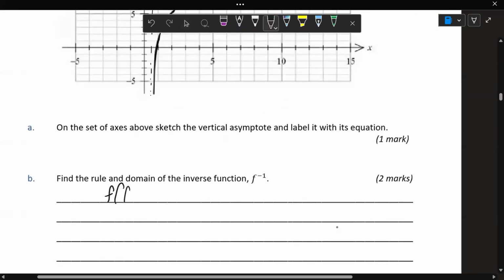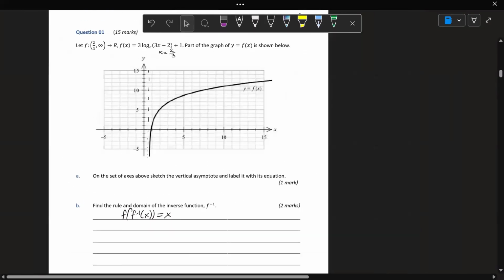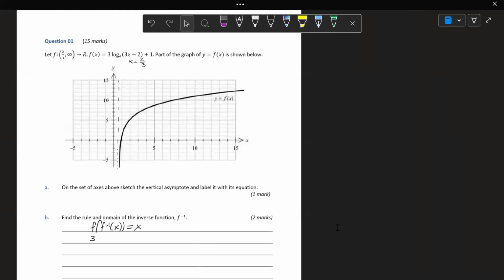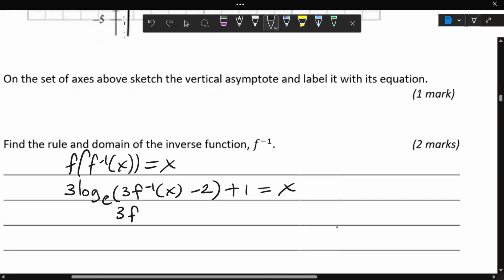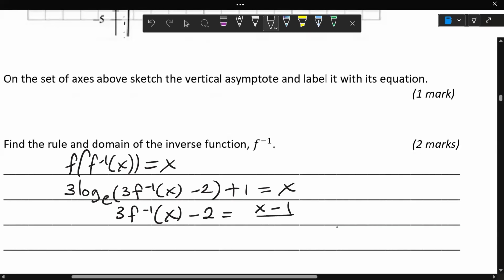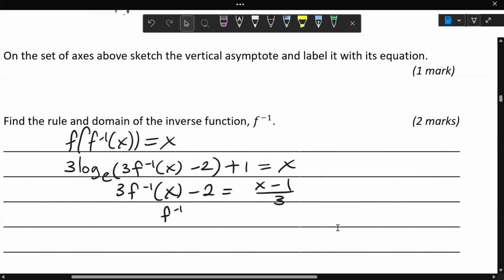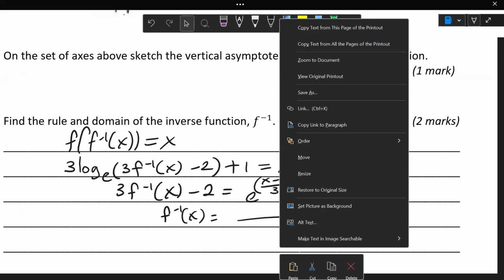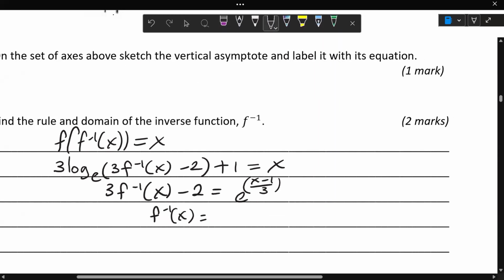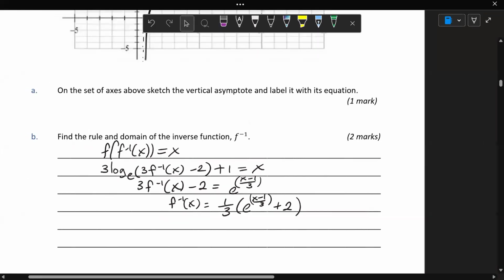So right, f of f inverse x equals x. That's f inverse x.